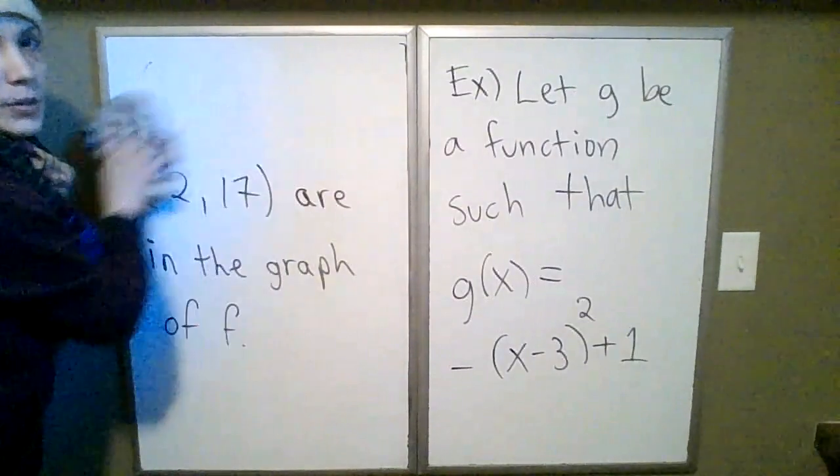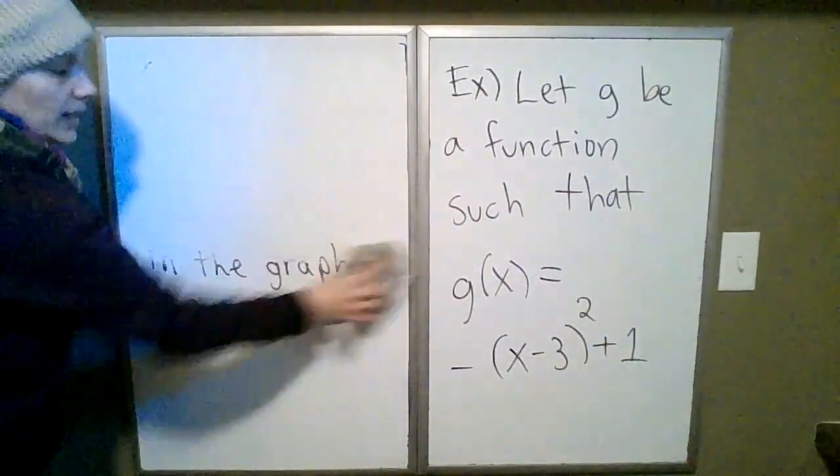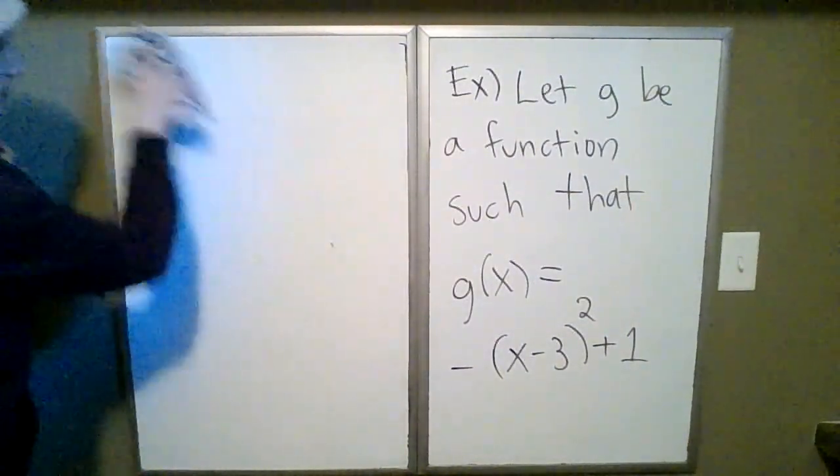You're going to find g of 0 and g of -2.